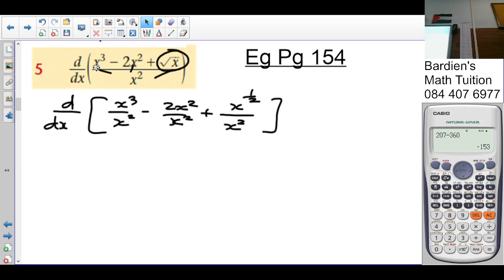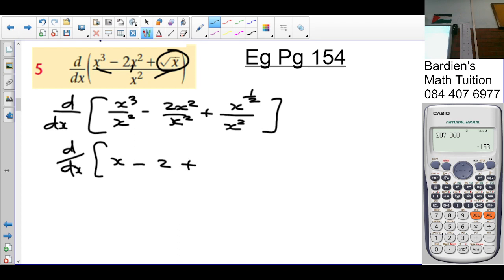So this gives us the derivative with respect to x. That gives us x minus 2 plus. When you're dividing and the bases are the same, subtract the exponents. Half minus 2 is negative 3 over 2. You all agree with that?